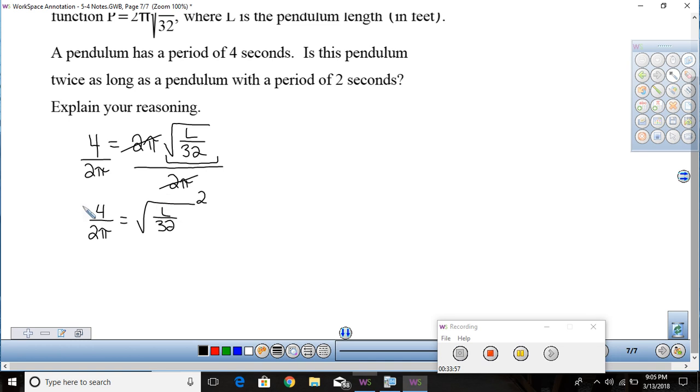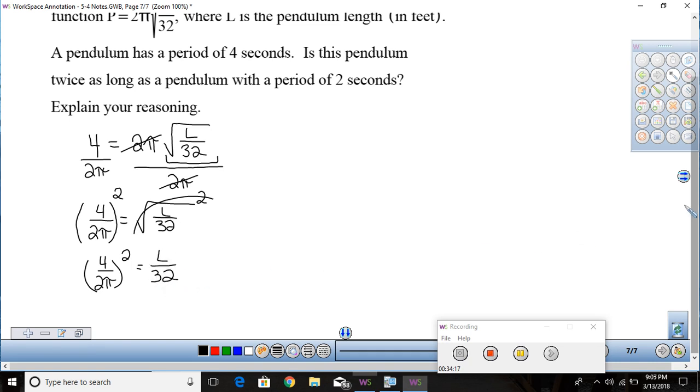And remember, you have 2 things you're squaring over here, a top and a bottom. So make sure that you put parentheses around it. So the square and the square root cancel. So now I've got 4 divided by 2 pi quantity squared is equal to L divided by 32.